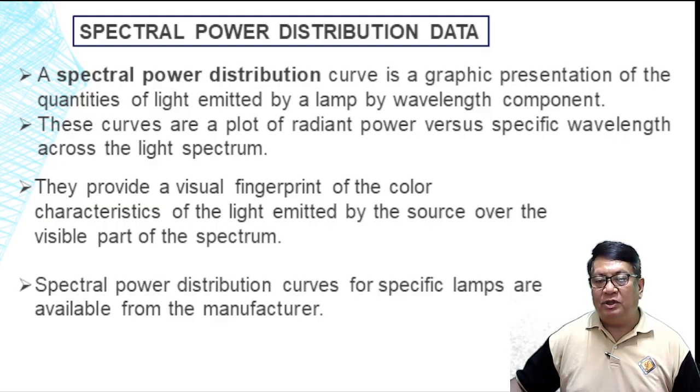They provide a visual fingerprint of the color characteristics of the light emitted by the source over the visible part of the spectrum. Spectral power distribution curves for specific lamps are available from the manufacturer, so that we'll be able to specify or determine the power distribution of these specific lamps.